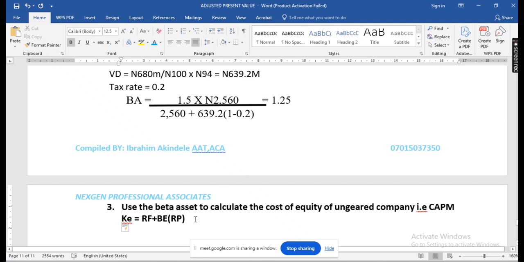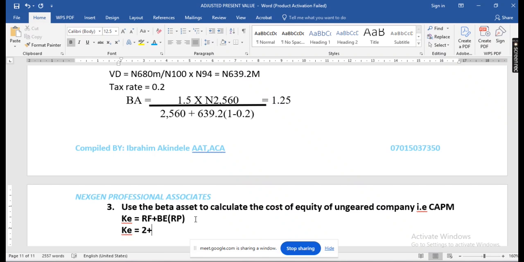So therefore, do we have risk premium? Cost of equity of the ungeared company equals, what is the risk free? What is the percentage for risk free? 2%.